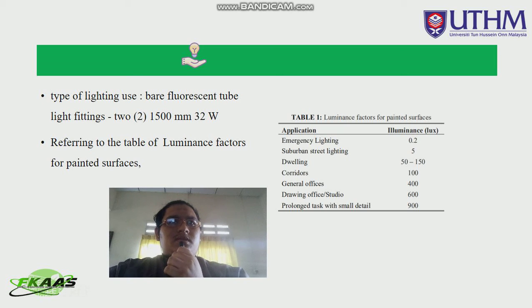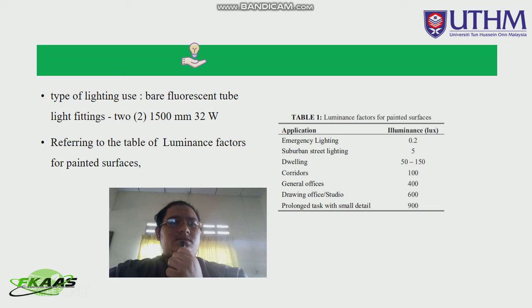So the luminance factor for a white ceiling is 70 to 80%. We are assuming 70%. And for the dark grey wall that we're using for the interior of the hall, we are going to use 30%.